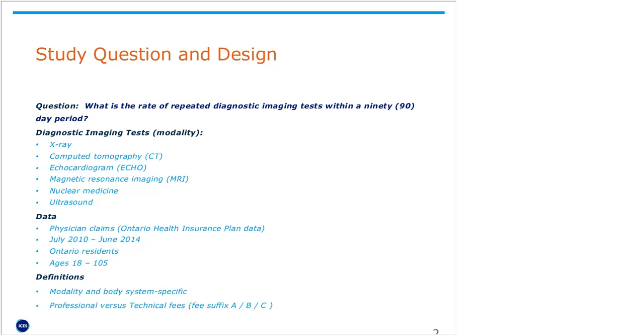We defined our tests as modality and body system specific, very similar to what ISIS Western did. There are a lot of data considerations in this analysis.